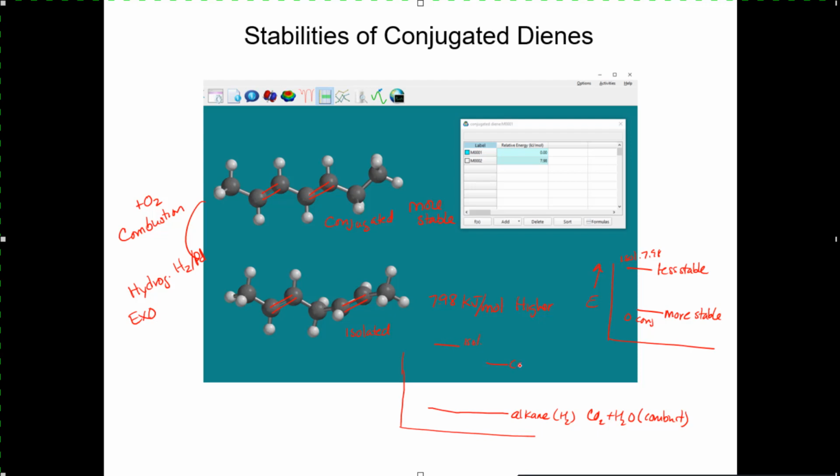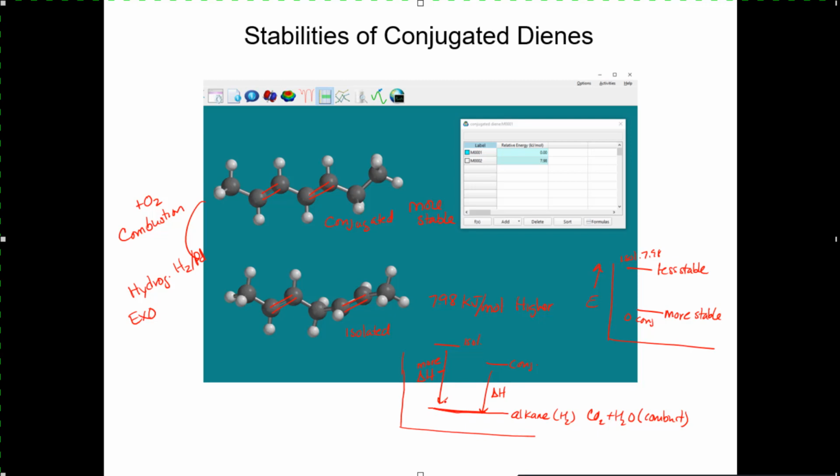So the isolated system, if it is less stable than the conjugated one, would have a greater negative heat of combustion or greater negative heat of hydrogenation than the conjugated system. Experimentally, we measure the exothermic reaction energies, and the one that has the more negative exothermic reaction is the one that is less stable.